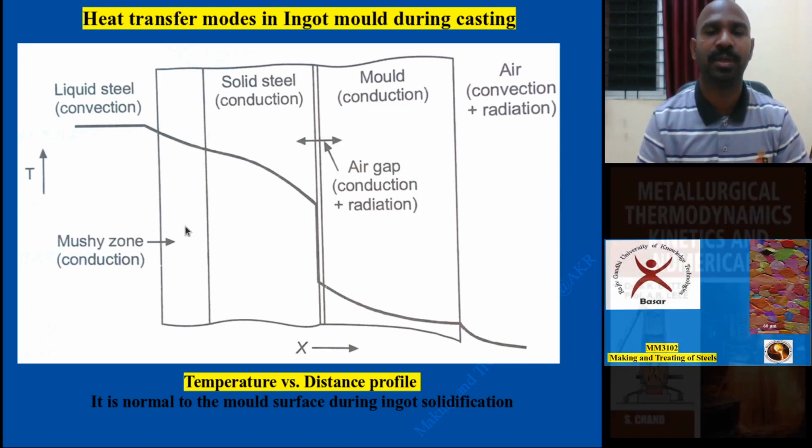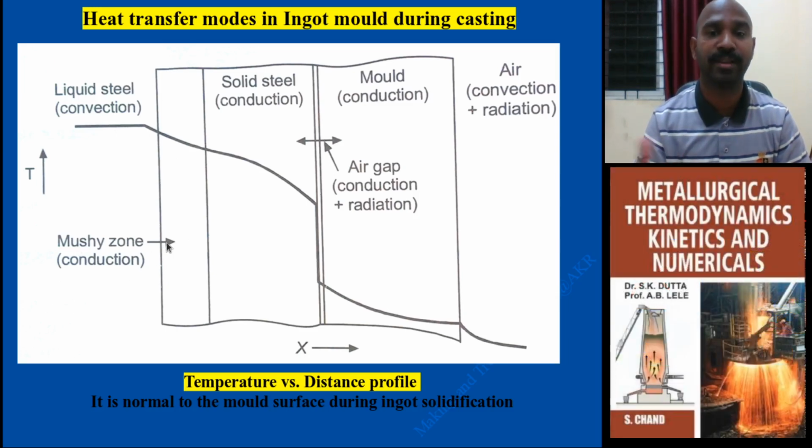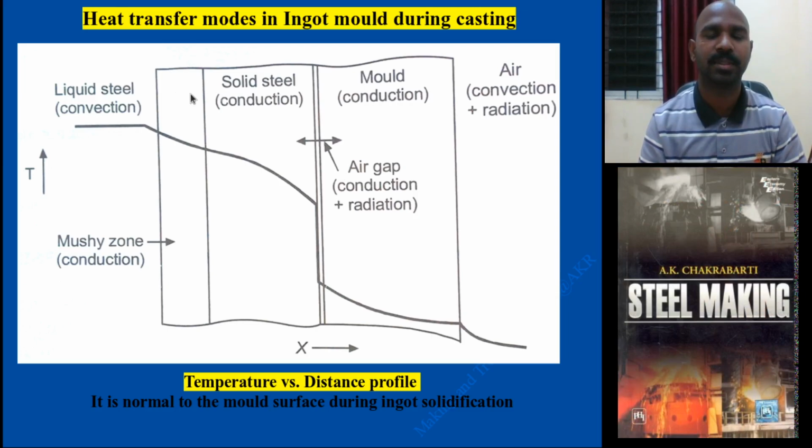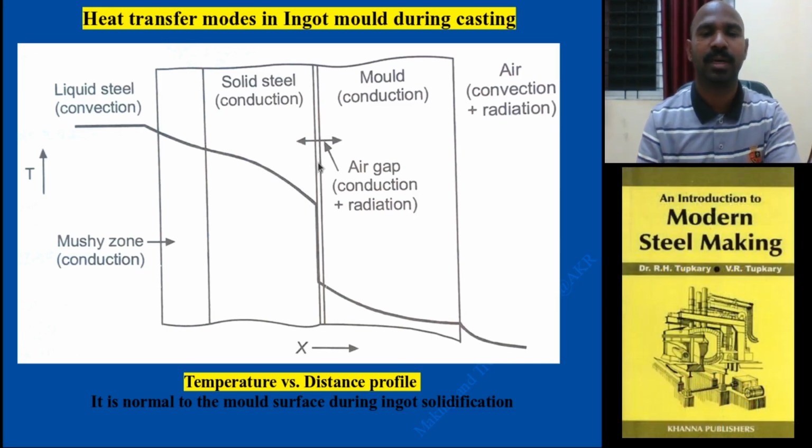It is a semi-solid phase called the mushy zone. Remember this new term. And in this mold, there is another point: as the liquid steel is poured and gets solidified, an air gap exists.